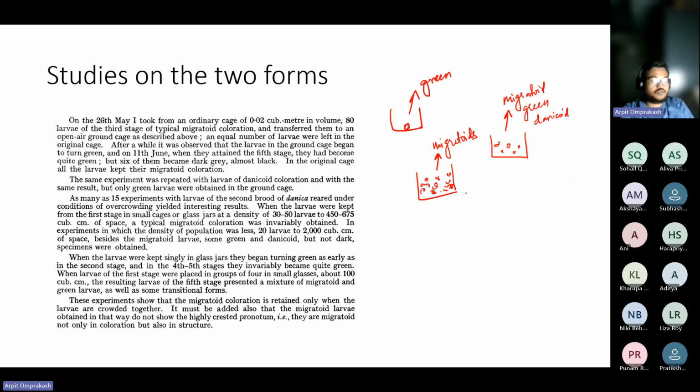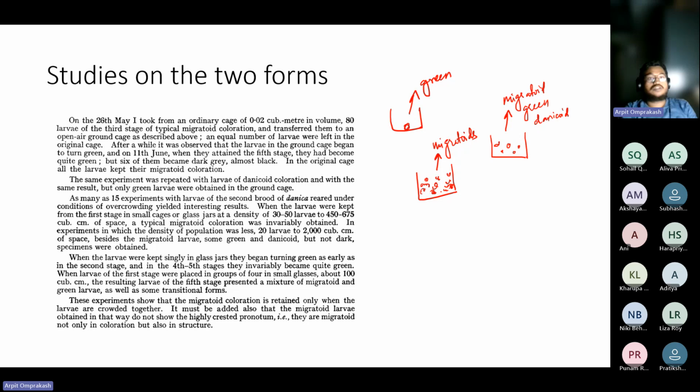If there is more crowding of larvae, you get migratoid coloration. If there is one solitary larva, it becomes green. And if there is some density but not very high, then you get a mix of all three colorations, and something in between also.